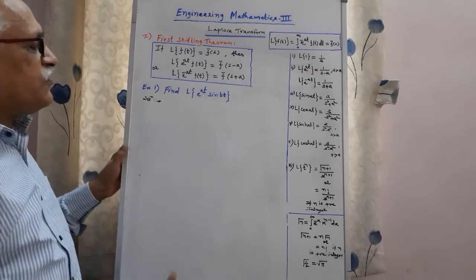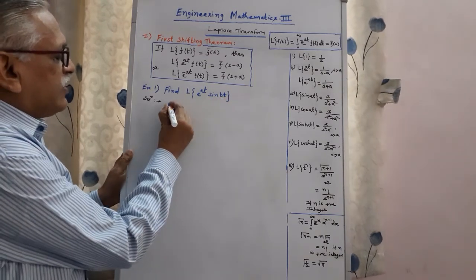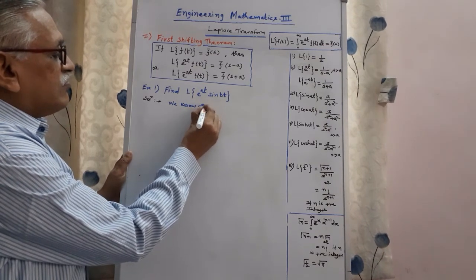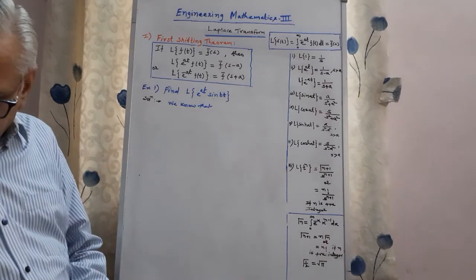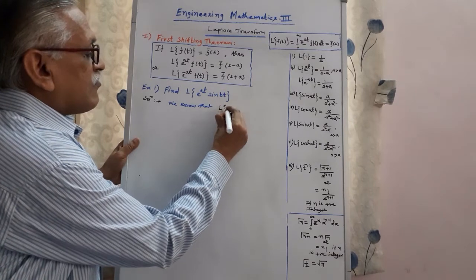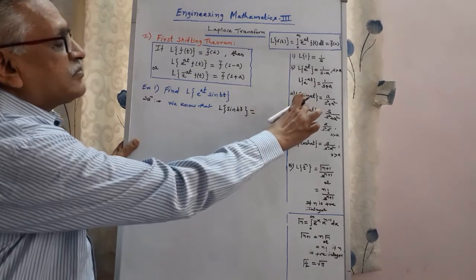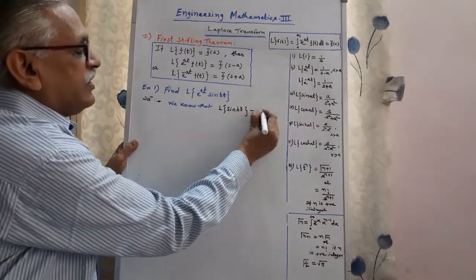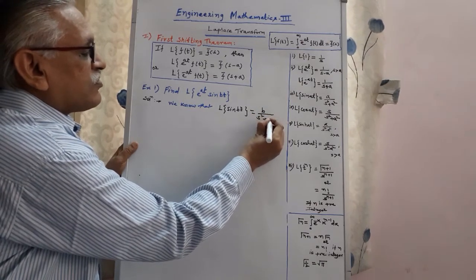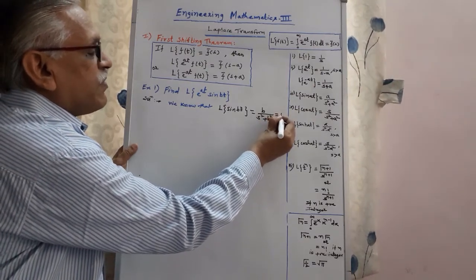First, find Laplace of e raised to at into sin bt. Here f of t is sin bt. We know that Laplace of sin bt, by this standard result, is b divided by s square plus b square, and we call this f bar of s.